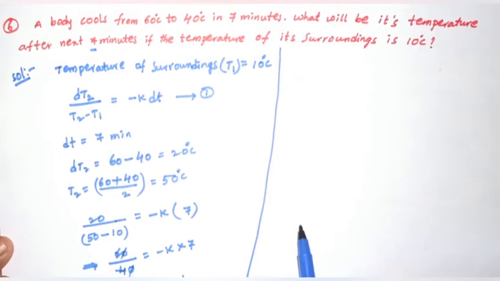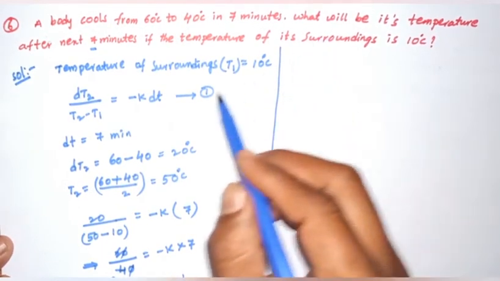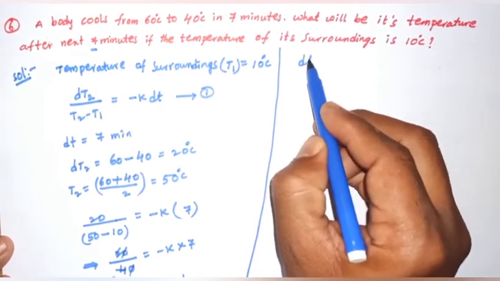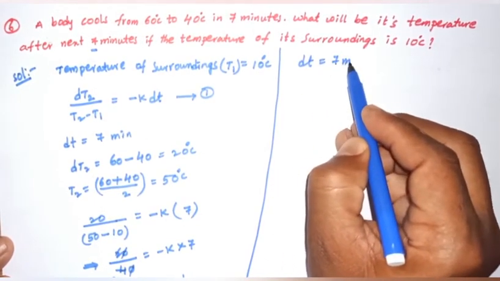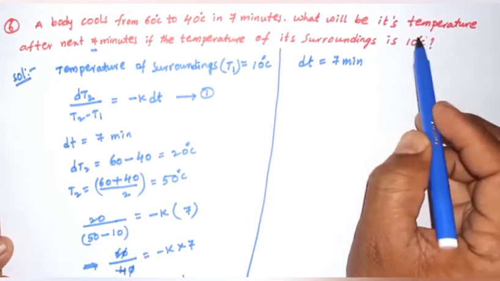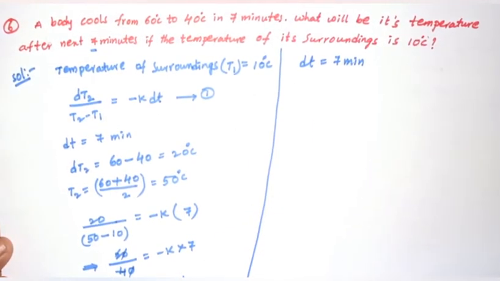Now we can find out the values. Again dt is given as 7 minutes, and the surrounding temperature T1 is 10 degrees Celsius.